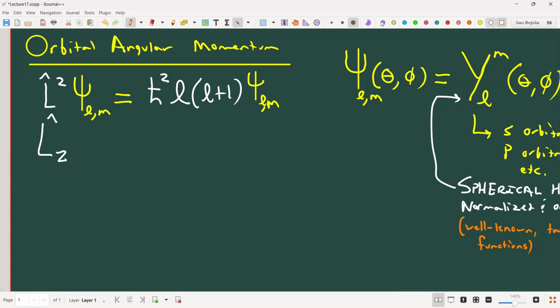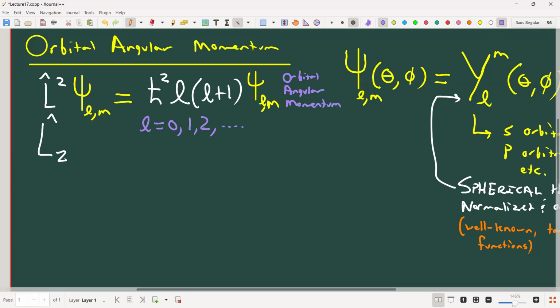And L, of course, can take any value between 0 and infinity. Well, any integer. So again, this is what we call the orbital angular momentum operator. It tells you something about the total angular momentum of the electron.